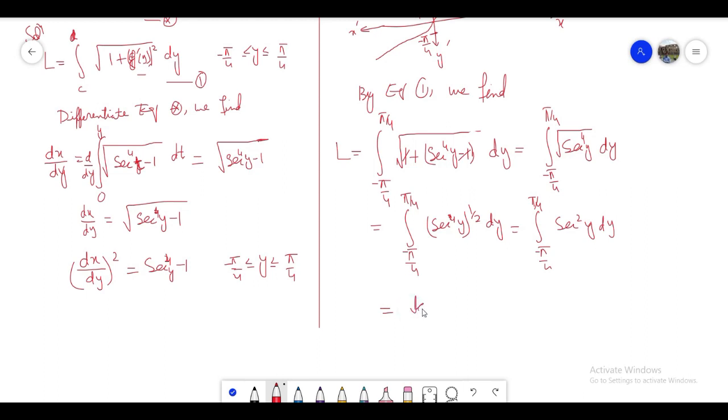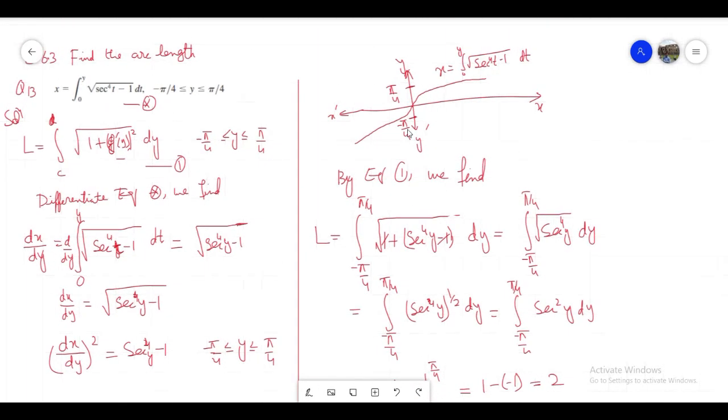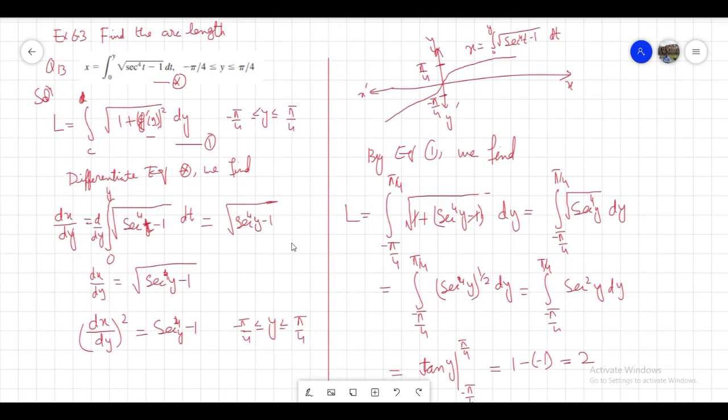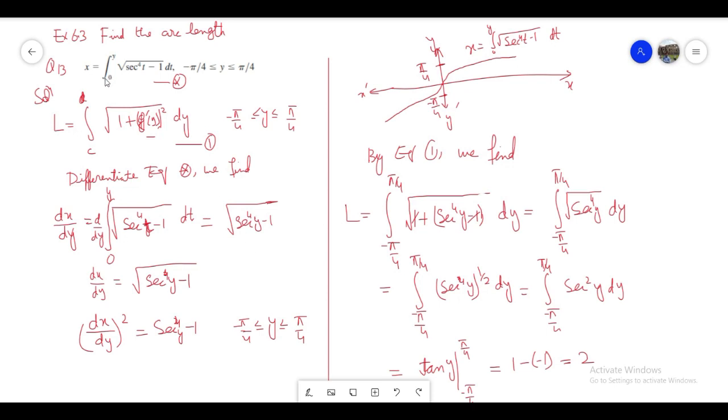So this is equivalent to tangent y from minus pi by 4 to plus pi by 4, and then 1 minus minus 1 is equal to 2. So we find that the arc length from minus pi by 4 to plus pi by 4 is 2. Here the question was a bit different, because the argument was given in terms of x.